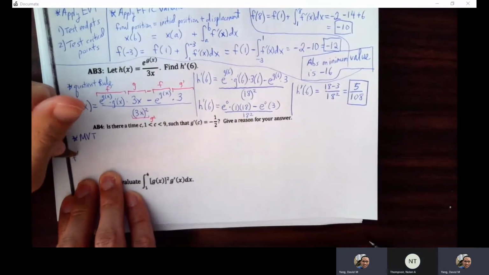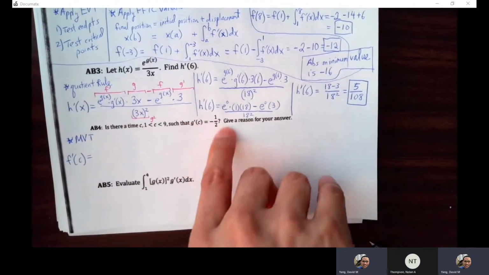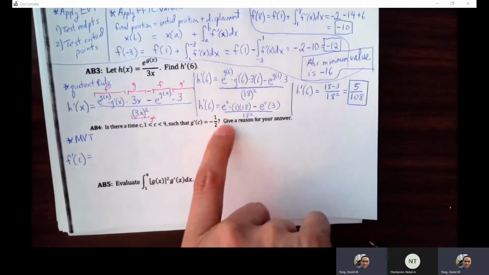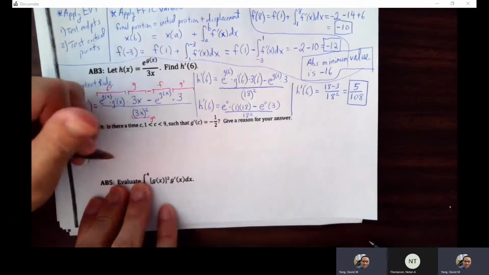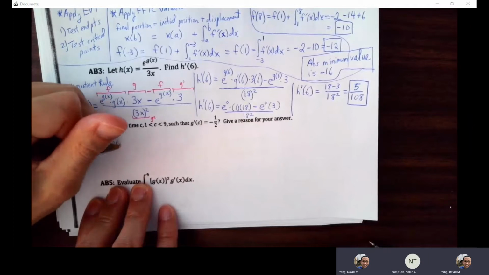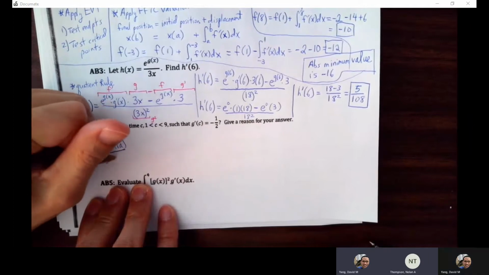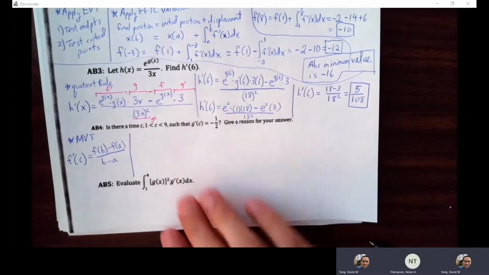So mean value theorem says, if the slope between the endpoints produces this value, then we know we can guarantee that there's a specific slope value of this number here. So here's mean value theorem, but we can adapt it for our g function here.